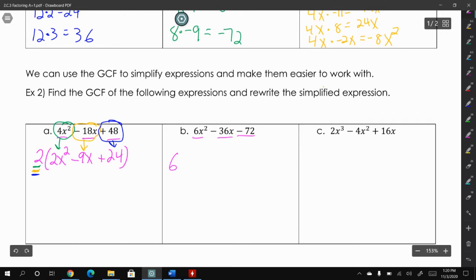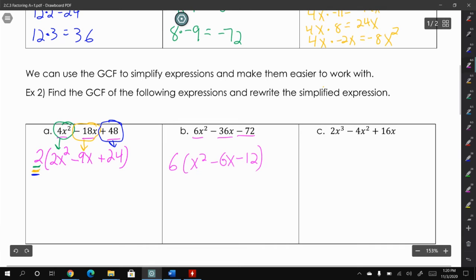So I can factor out a 6, and I'm left with 6x squared divided by 6, which is just x squared. Negative 36x divided by 6 is negative 6x. And negative 72 divided by 6 is going to be negative 12.